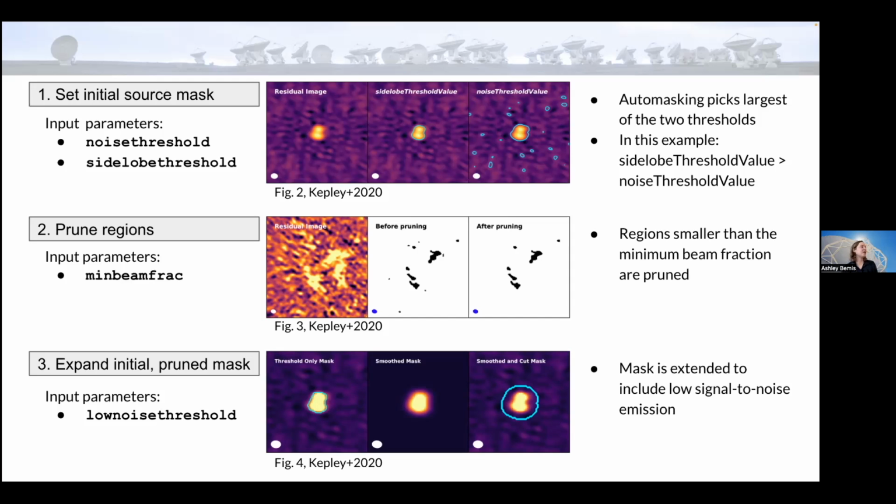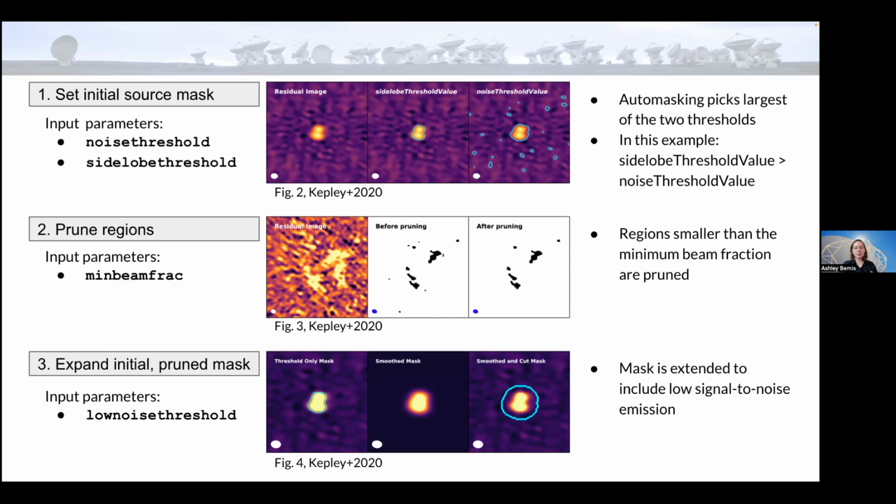Once we have done these first two steps, we then have the option of expanding our mask to include lower signal to noise regions that might not have been picked up by the masking process. This could be really valuable, again, for extended sources. The parameter I've listed here is lownoisethreshold.